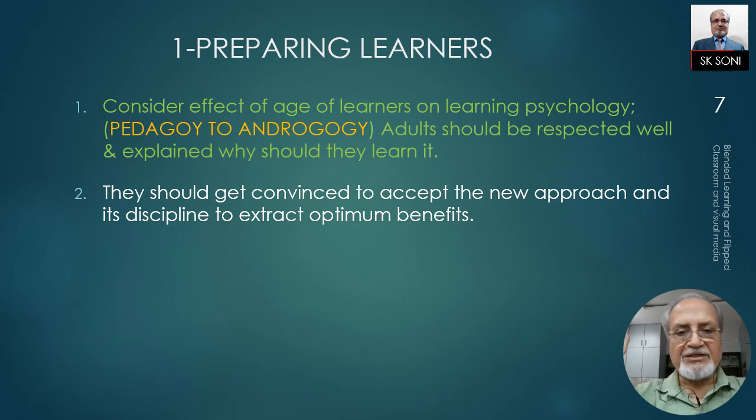The students should get convinced to accept the new approach and its discipline to extract optimum benefits. And once the students get convinced that it is in their best interest and in the best interest of their future career, they will become interested in the blended learning process.